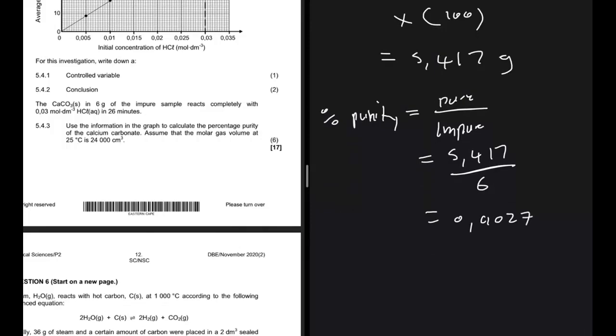And then after that, you can just multiply that by 100 so that you get it in percentages. So that will be 0.9027 multiplied by 100. That is 90.27%.